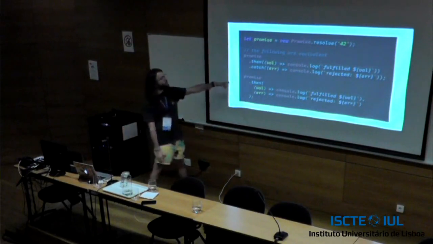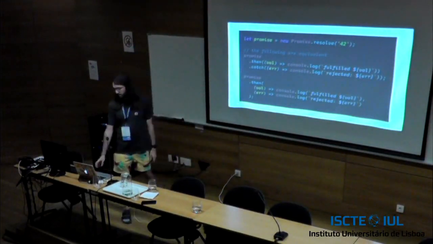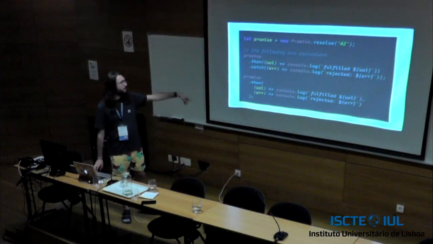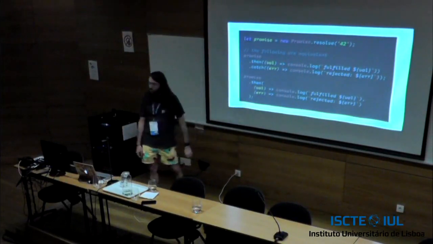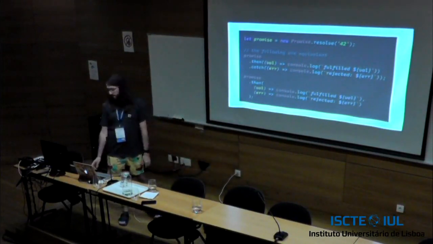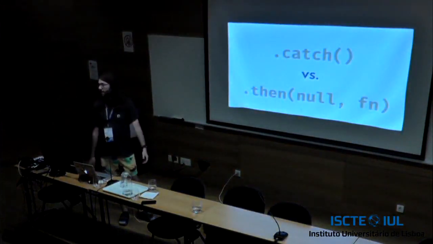Then catch is just a catch-all for the errors for this promise. We'll talk about that in just a second. But promise.then has two functions here. This one will catch if there's an error, and this one will catch if there's a success. Please use catch. Don't pass the second parameter to then.